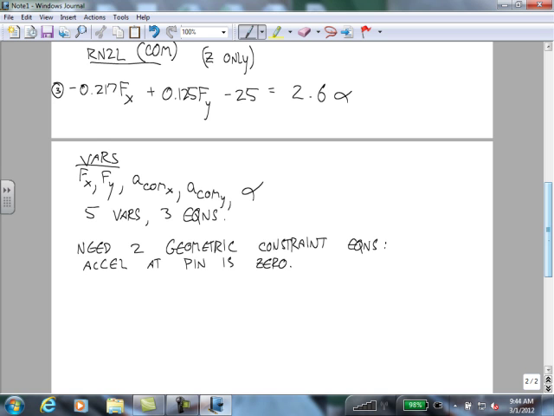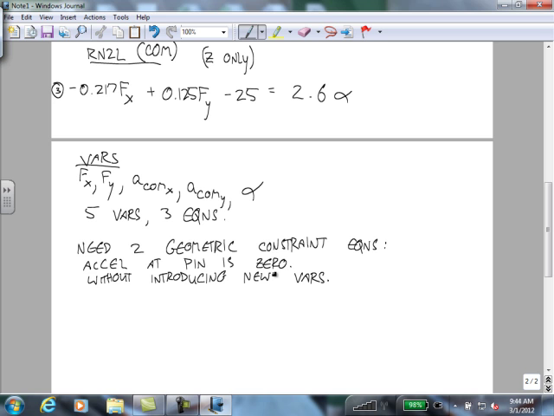So we need 2 geometric constraint equations without introducing new variables. Can you think of a way to represent the acceleration at that fixed point using the variables that we already have? That's the challenge.